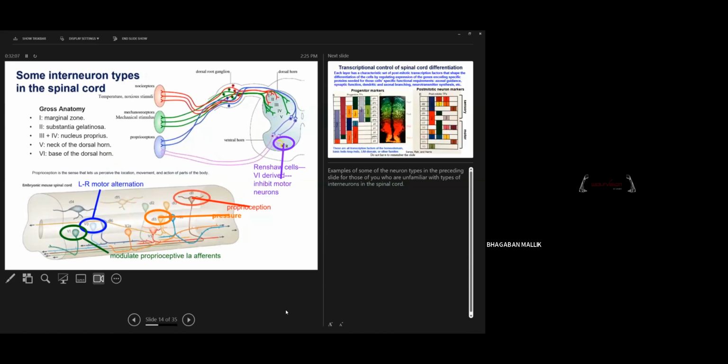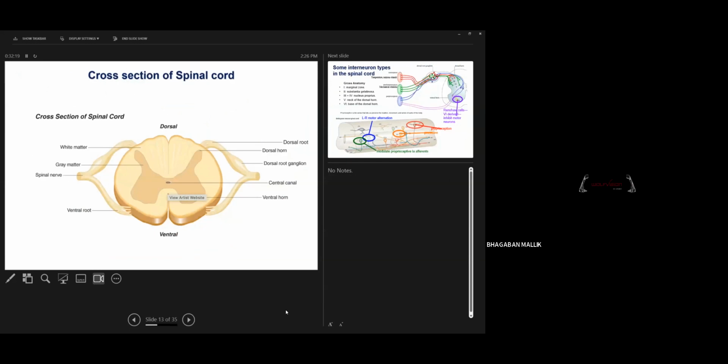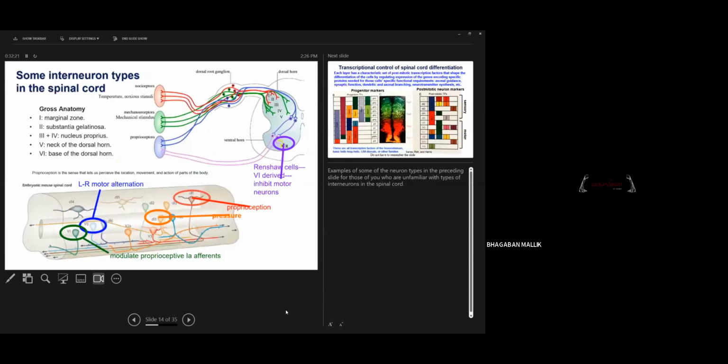In the next slide, I want to highlight what types of neurons, mostly interneurons, are present in the spinal cord. So this is a typical diagrammatic representation of the spinal cord, showing the dorsal horn and the ventral horn. The gross anatomy shows that it consists of multiple layers.